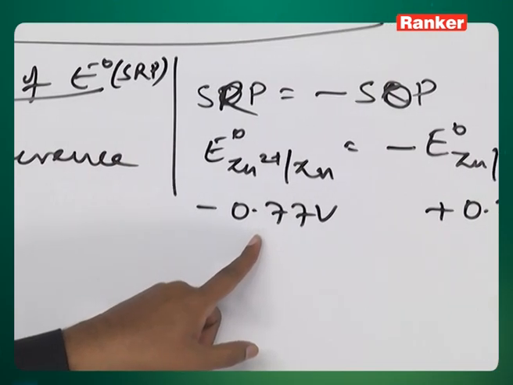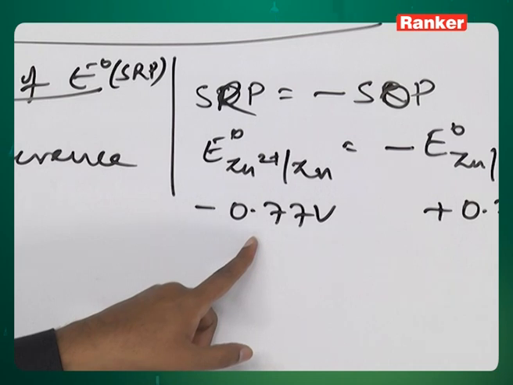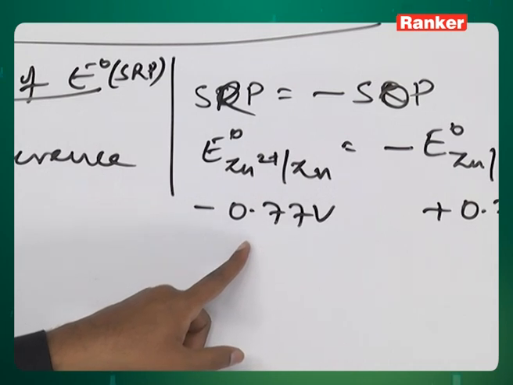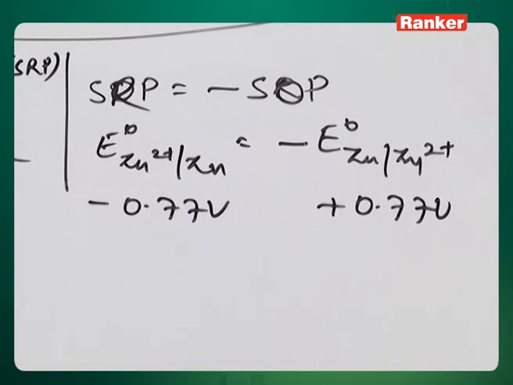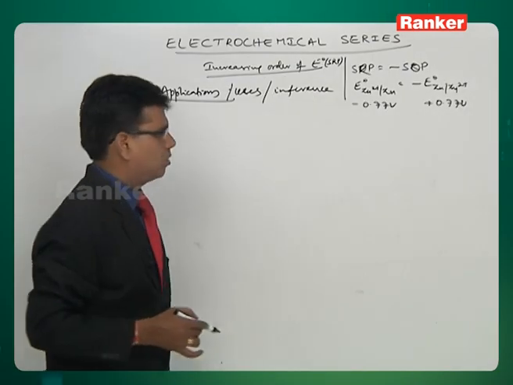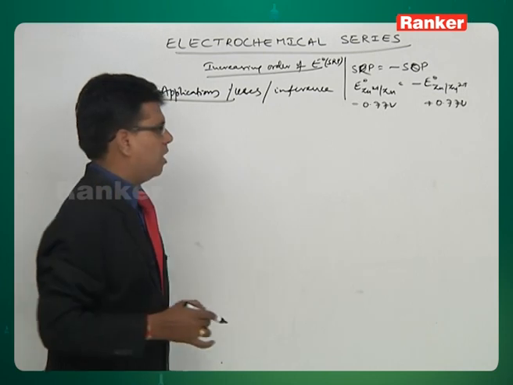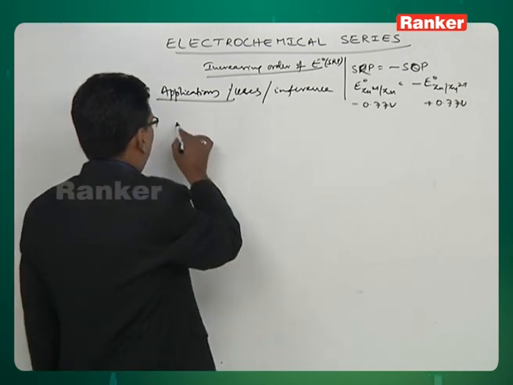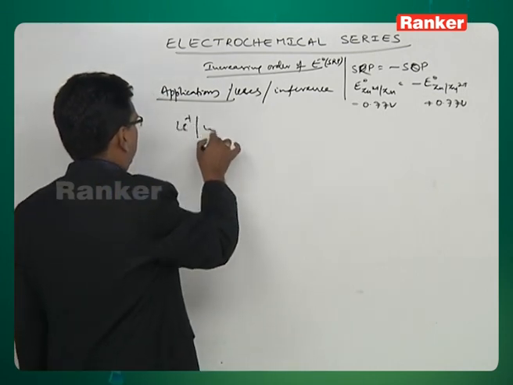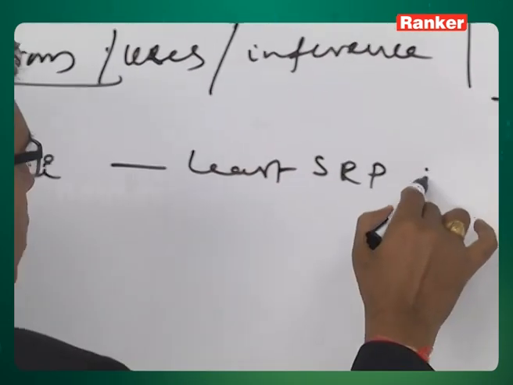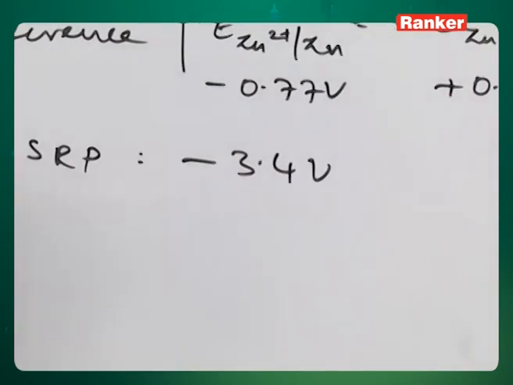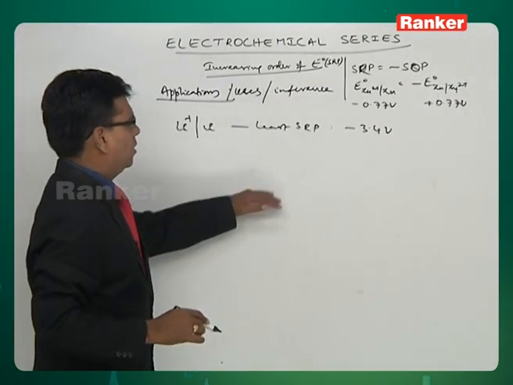For hydrogen it is 0, and this is less than 0. As we told earlier, the elements are arranged in increasing order of SRP values. Lithium is the one with least SRP, minus 3.4 volts, followed by other elements.